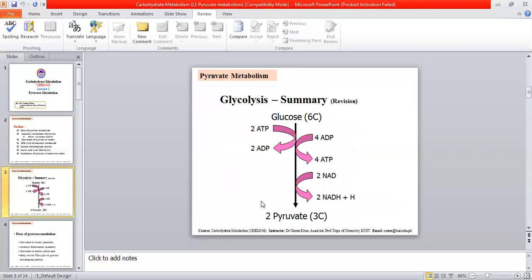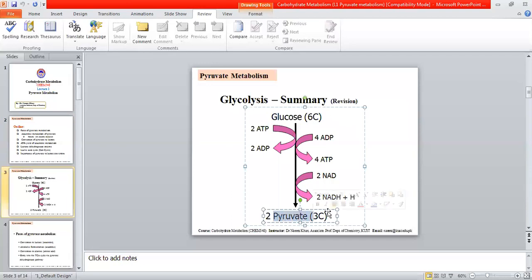Before starting today's lecture, let us have a revision of our last lecture. Last time we discussed glycolysis, and we know that in glycolysis, from the 6 carbon compound glucose, we reach two 3 carbon compounds, pyruvic acid.